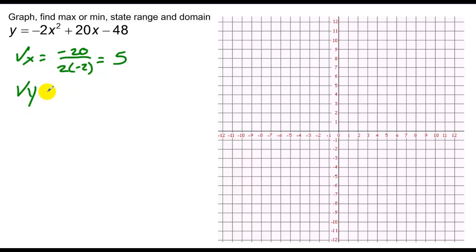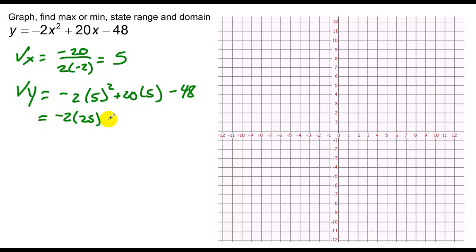I get negative 2 times 5 squared plus 20 times 5 minus 48, which is negative 2 times 25 plus 100 minus 48, or 50 minus 48, which is 2. So I have a vertex of 5 and 2.